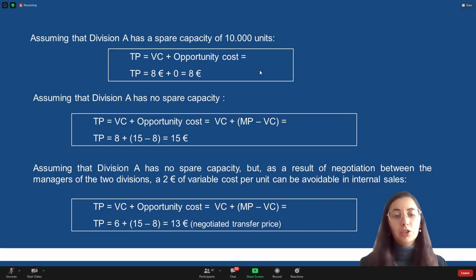They reached this consensus of reducing these variable costs because it's within the organization, and we have this negotiated transfer price. So it reduces the variable costs and we keep the same opportunity costs there. Any questions? No?